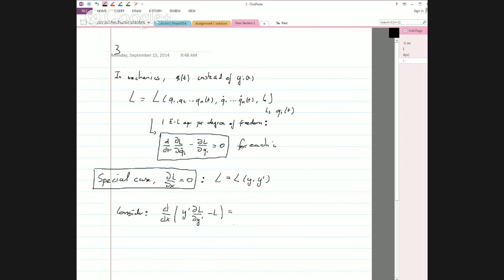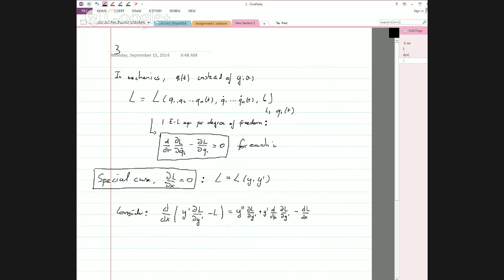The d by dx of y prime is y double prime, times ∂L by ∂y prime. The second term is y prime times d by dx of ∂L by ∂y prime. And then it's dL by dx.